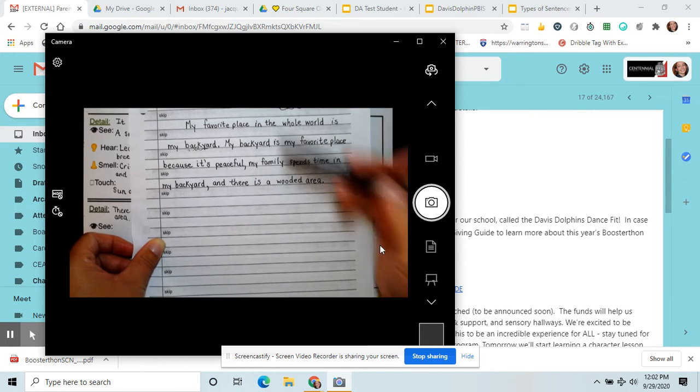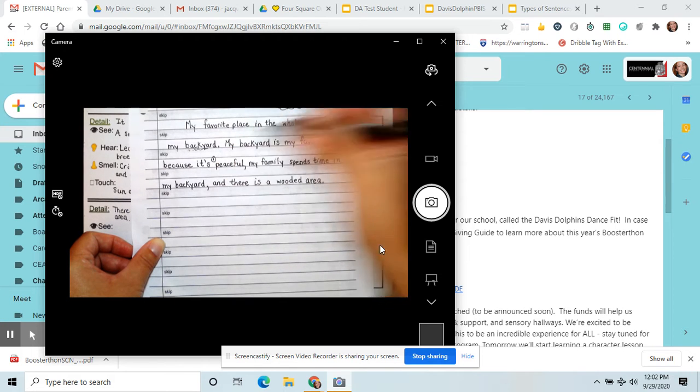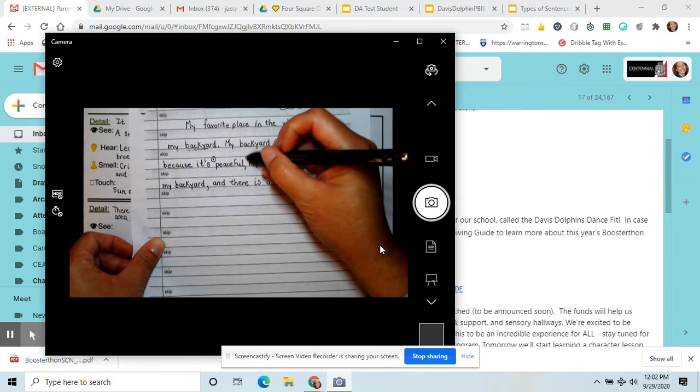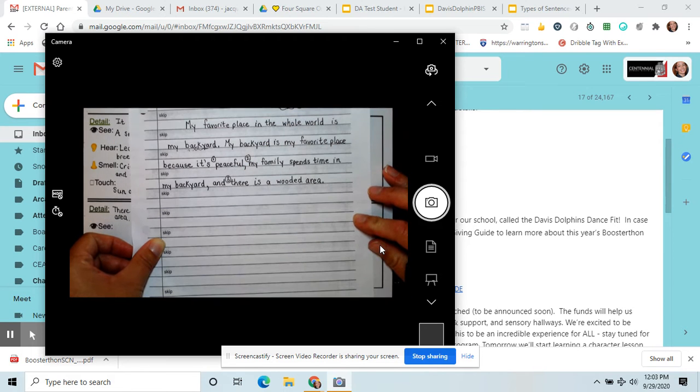Now, I had my first detail, my second detail, and my third detail in one of my sentences. Remember, your goal is to paint that picture for your reader, to make it as descriptive and detailed as you can. That will be your final goal as the writer.